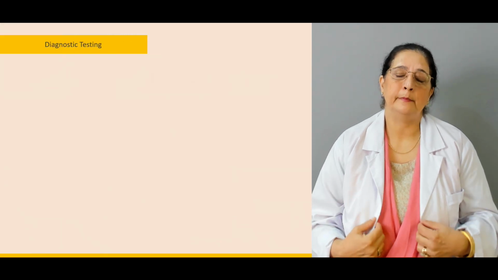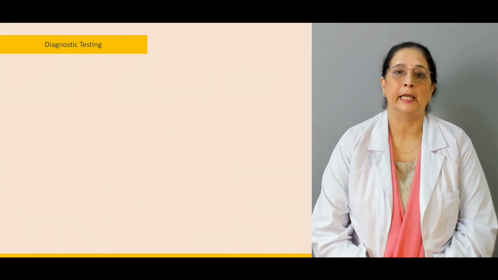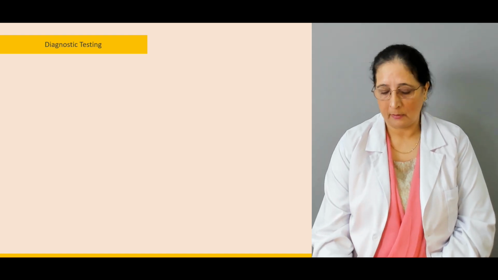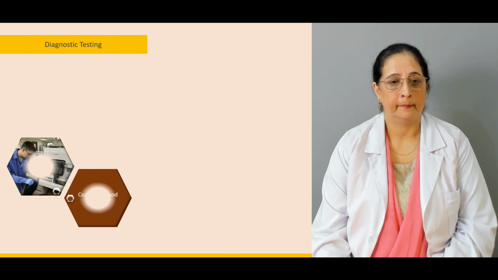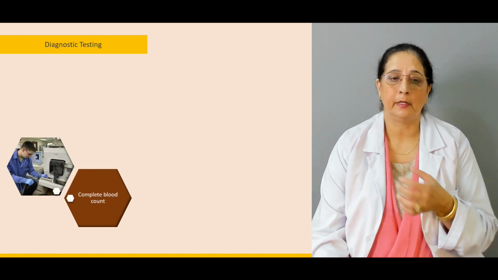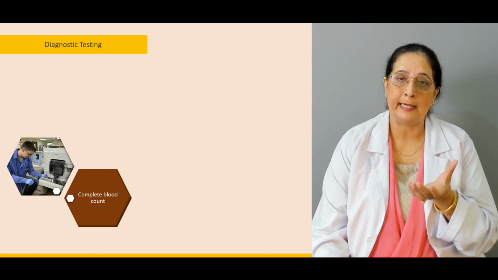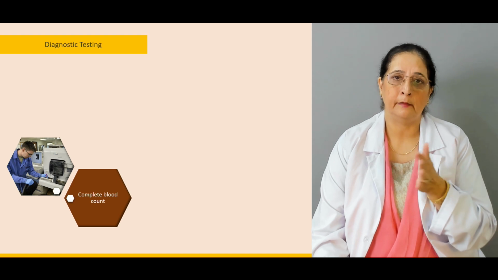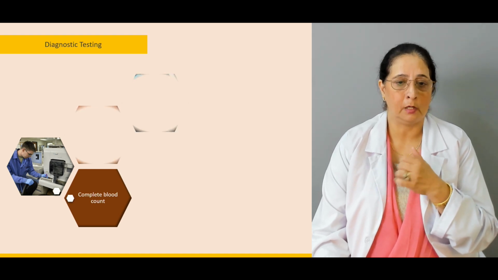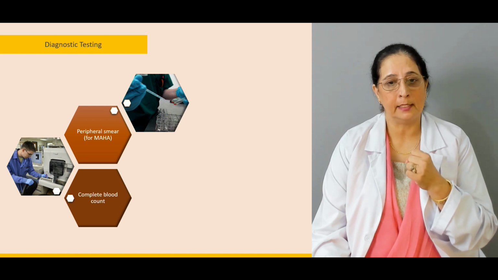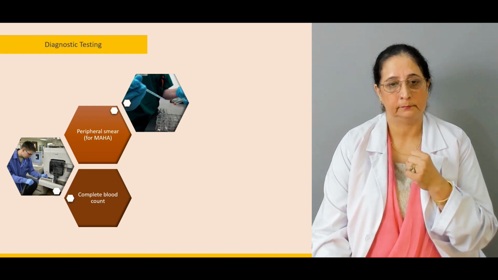Now, what are some diagnostic tests that can be performed for finding the cause? Complete blood count is very, very important. That gives the platelet count and whether there is thrombocytopenia or not. Peripheral smear is again important.